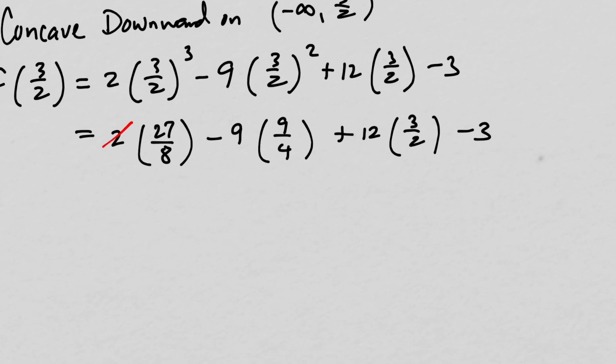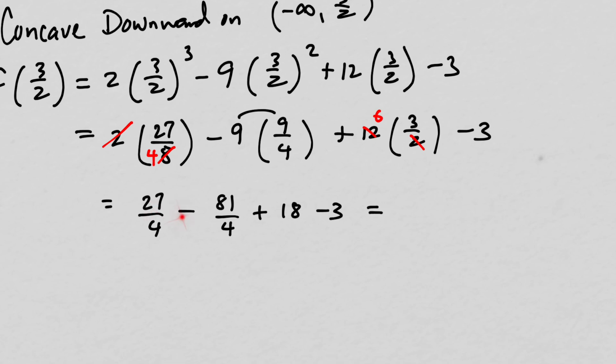So 2 goes into 8 4 times. Here, 2 goes into 12 6 times. And the simplification here is 27 over 4 minus 9 times 9 here is 81 over 4, plus we have 6 times 3 is 18, and then minus 3. And 27 take away 81 is negative 54 over 4. And then plus 18 minus 3 is 15.